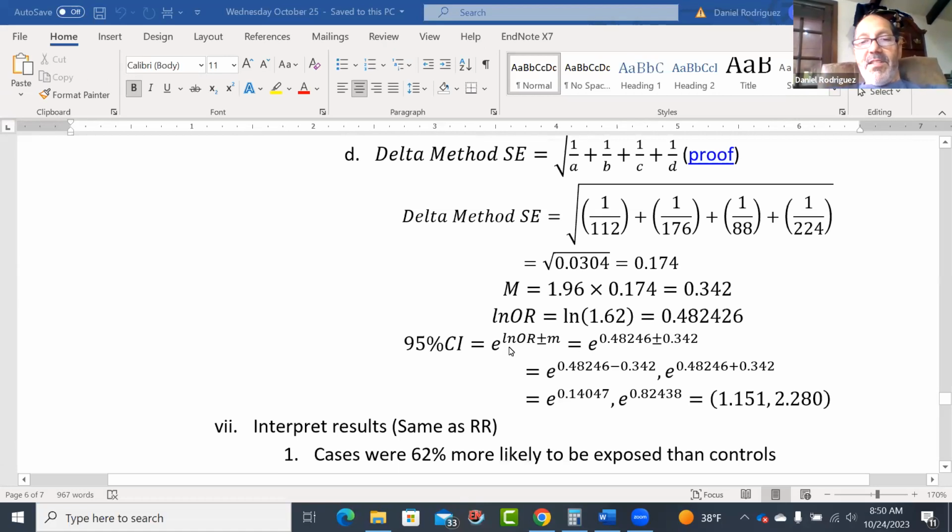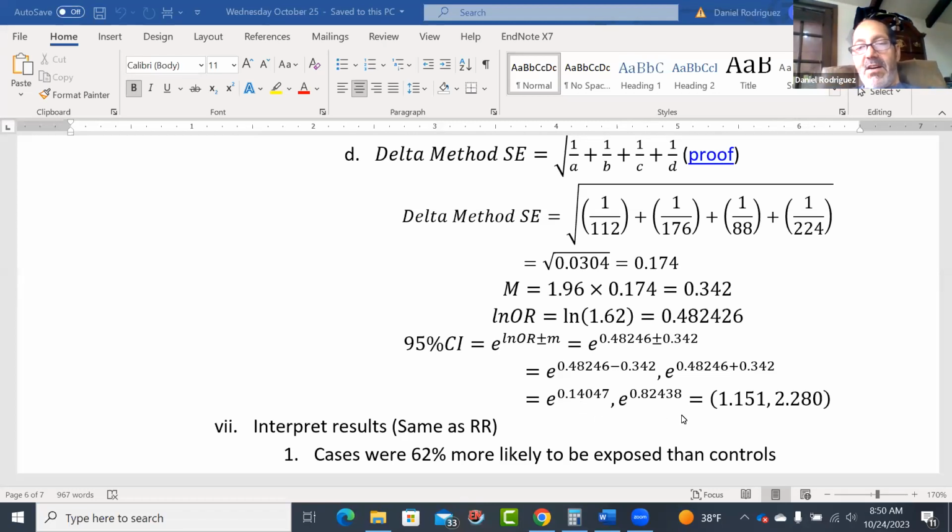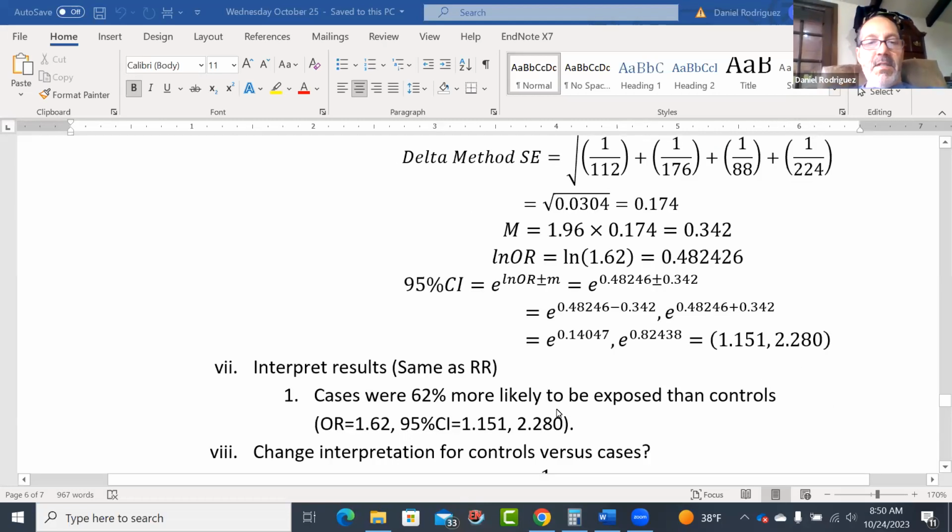Everything's done in the exponent again. So I use the same process as I did for the relative risk. Then I bring it back down to the odds ratio scale. So our 95% confidence interval is 1.15 to 2.80.